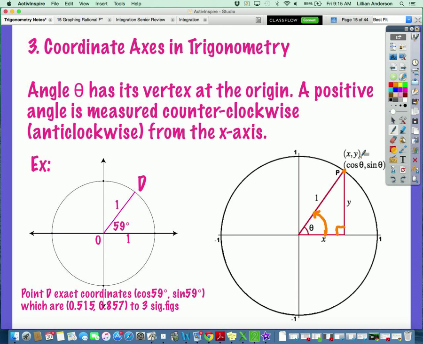Alright? So in this particular example, when it asks you to find the exact point of coordinate D, you would take the cosine of 59 to get your x value and the sine of 59 to get your y value, which would be those respective values to 3 significant figures. That would be your location.